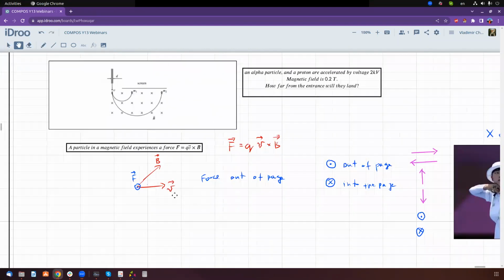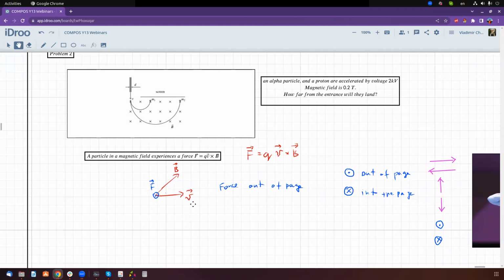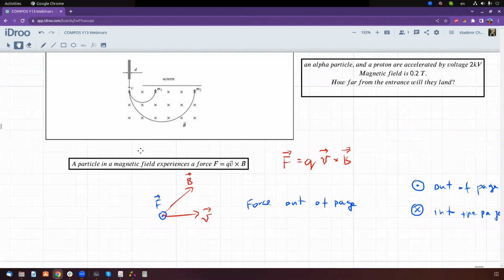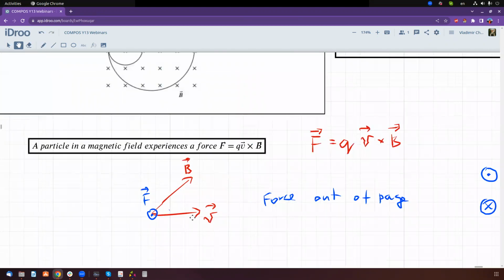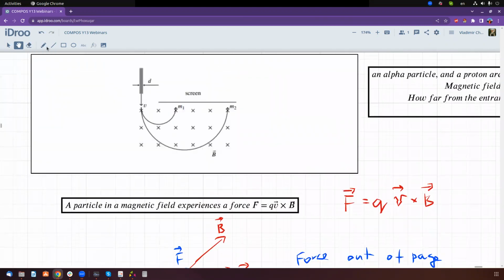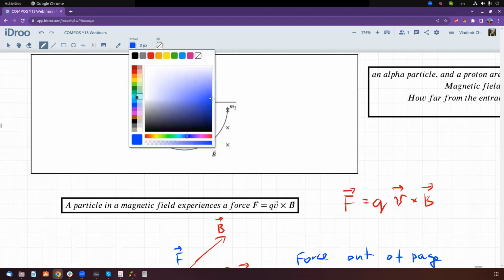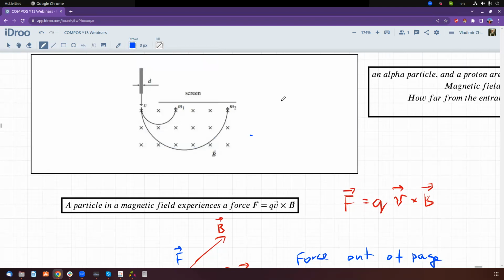Right. So we can find the force, and we know that the force is always perpendicular to the movement, to the velocity. So if you have a magnetic field going into the page, just as shown in the diagram, and let's say you are here and you're moving that way with velocity, and B is going into the page, the force would be perpendicular.